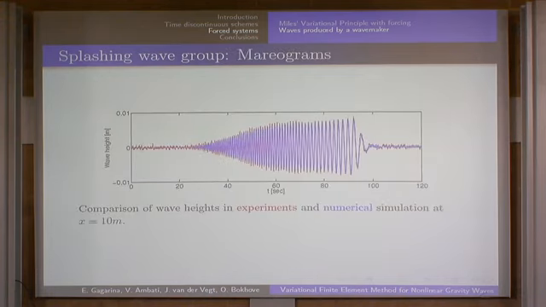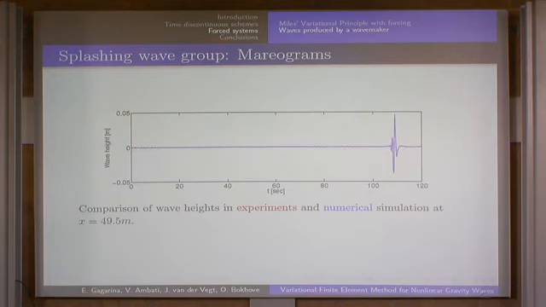Comparing the measured wave height and the numerical wave height, again in red and in blue, it is time, it is wave height, it is the very beginning of the domain. We see that in the beginning we do fine. It is just where the waves are already accommodating to become a splash, we tend to underestimate the wave height.